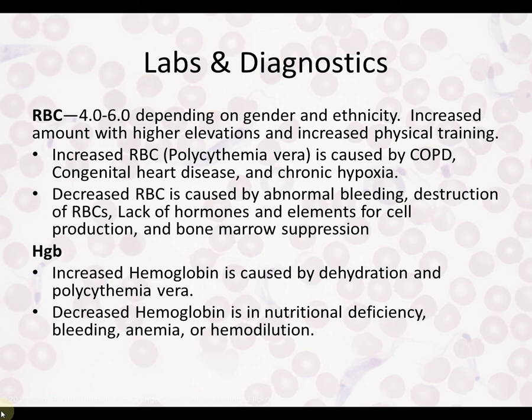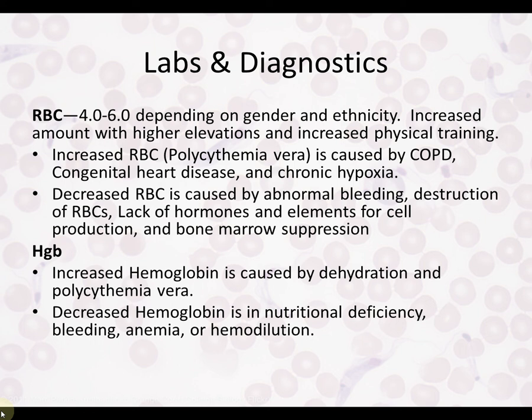You need to keep that in mind as you are talking to them about their social and their physical activities earlier. If you have someone that has recently moved here from, say, Wyoming, then you know that maybe they have a little higher red blood cell count. Or if you have someone that's in training for a marathon, they might have a little higher red blood cell count. And that would be normal for that person.